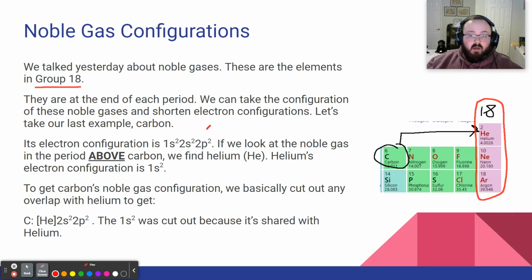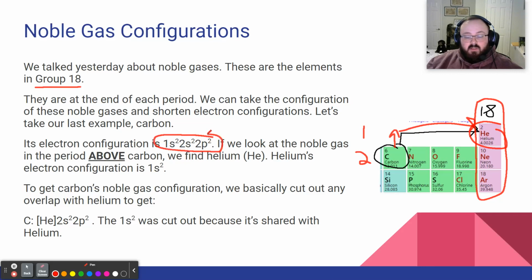They are all the way off to the right in group 18. What we did previously is we took the electron configuration of the noble gas in the period above the element we were talking about. So here's carbon. Carbon is in period 2. Helium is in period 1. So carbon, the noble gas, up one row and all the way to the right, up a period, in group 18 would be helium.